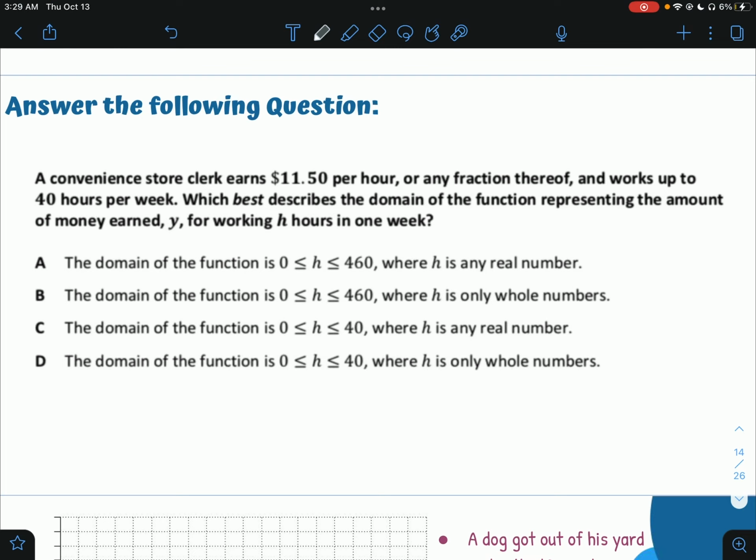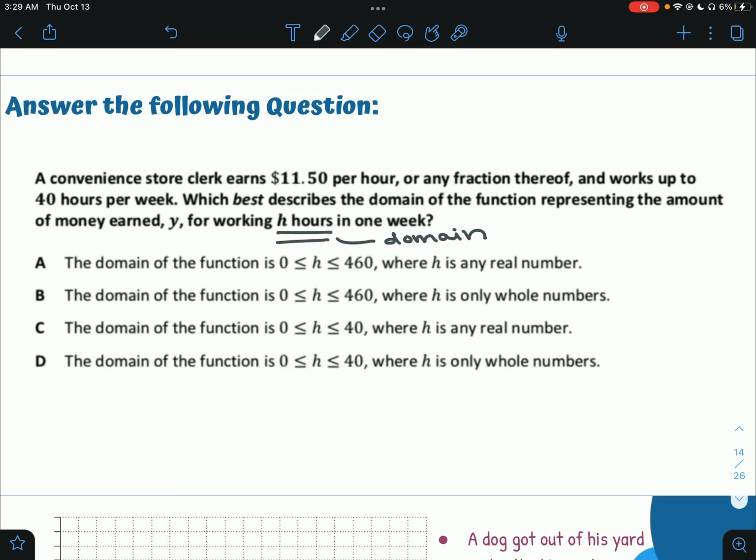So here, H hours is our domain. H is domain. Y is range. So we know the number of hours would be the domain.